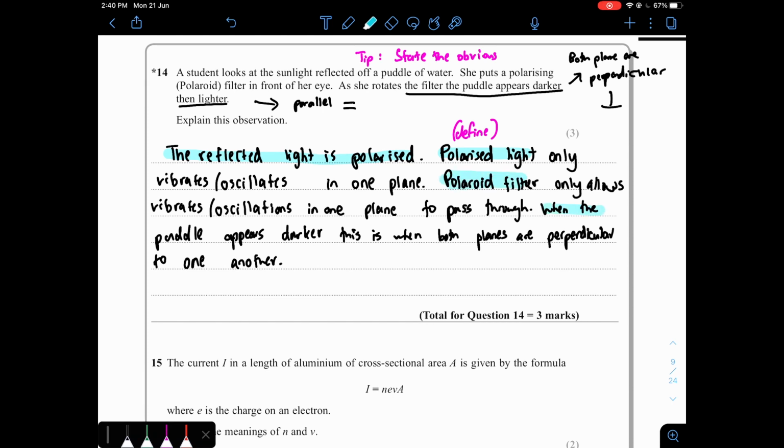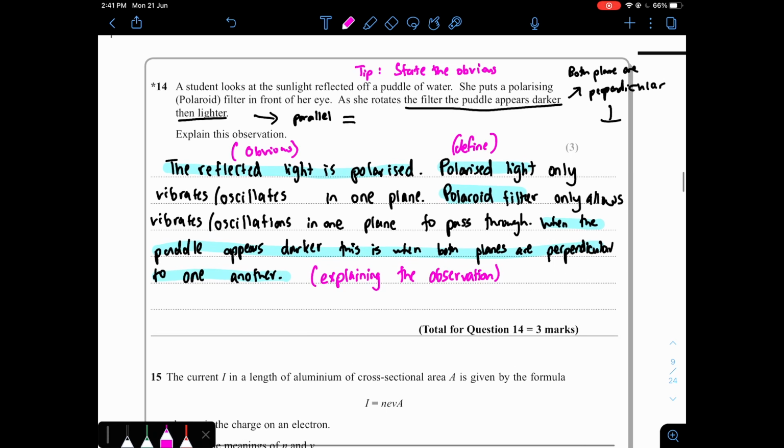Then from here to here is you explaining the observation. So you can easily lose marks if you don't state the obvious here. Alright, so that is question number 14.